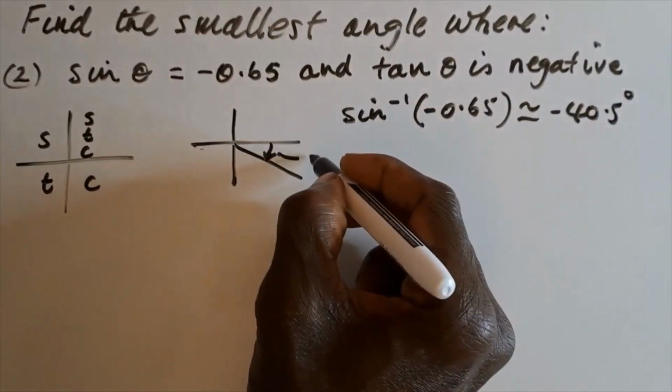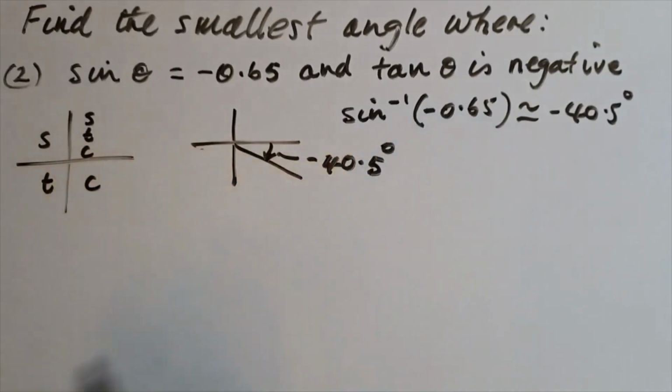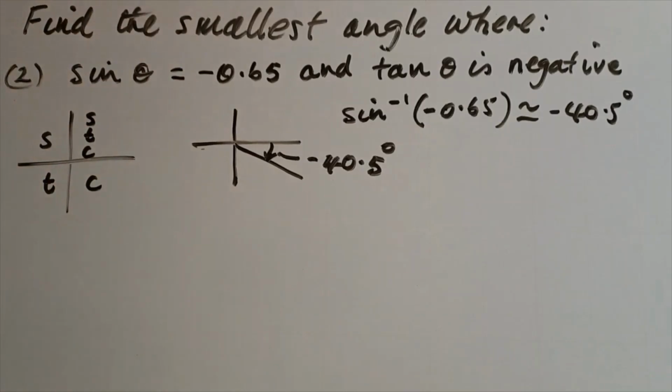So this angle here is minus 40.5 degrees and occurs in the fourth quadrant, and it's the smallest angle that meets these requirements. That's it for this video.